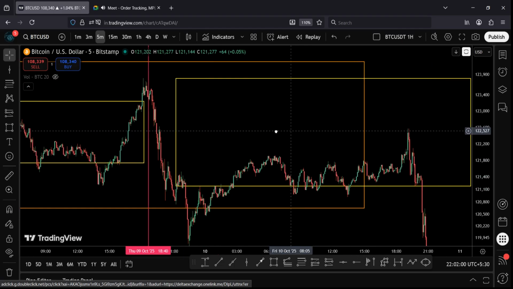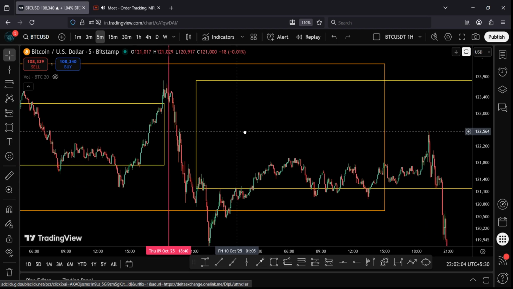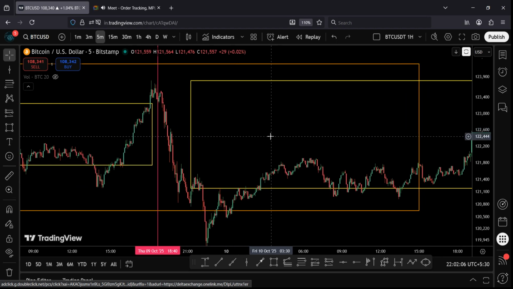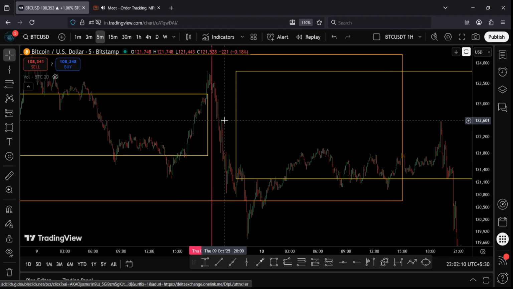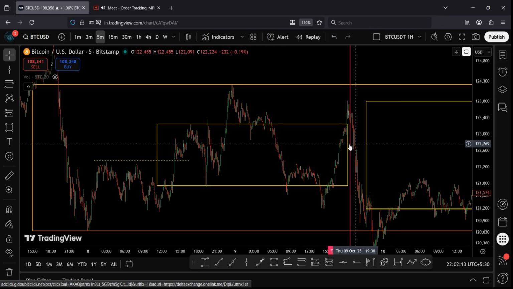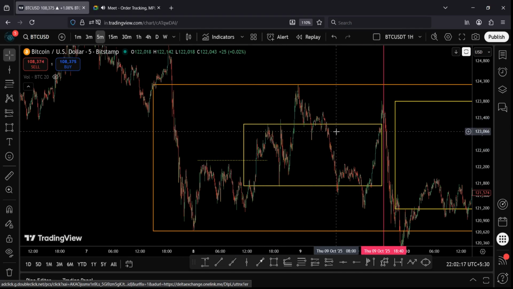Can you find something here? We still don't find anything here, right?